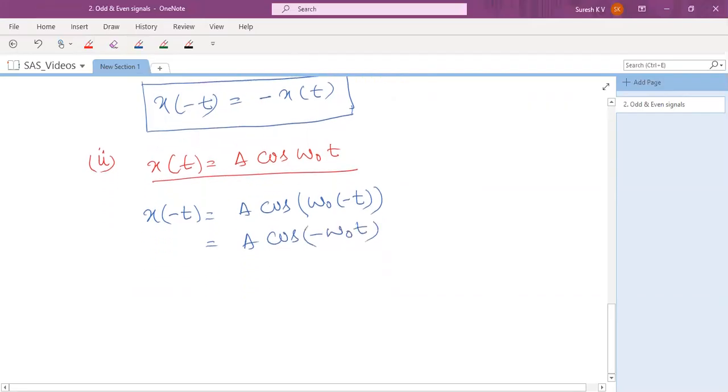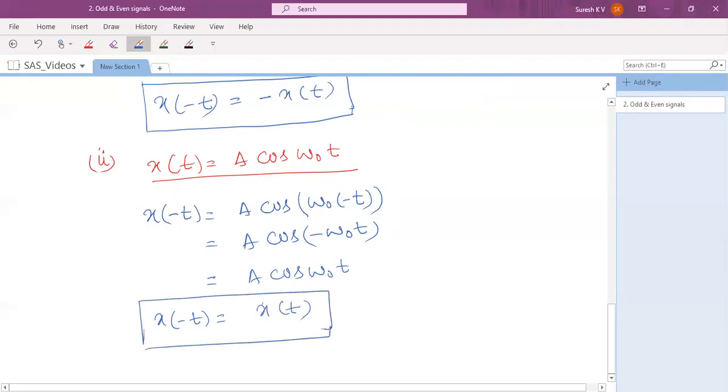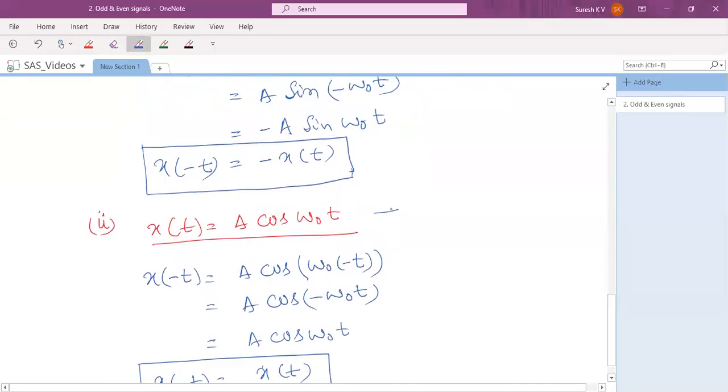And all of us know that cos of minus theta is cos theta. So this is a cos omega naught t, which means x of minus t is same as x of t. Since this is true, the cos signal is an example for an even signal.